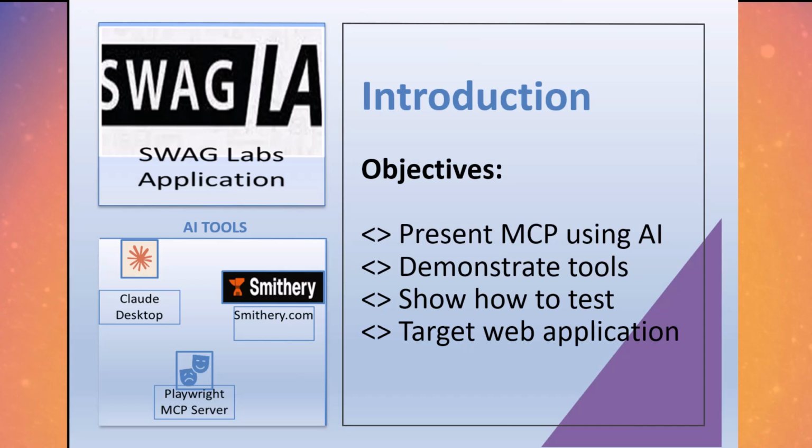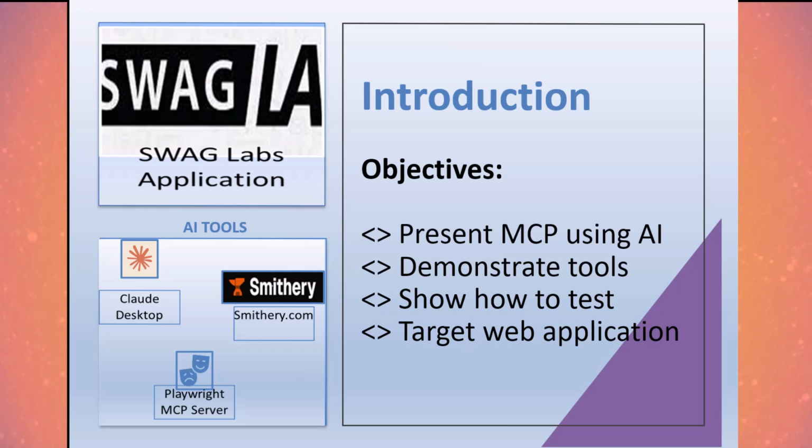Go ahead. The target application is an existing application called Swag Labs. The aim here is to introduce the MCP concept that enables AI tools to generate test scripts that can automatically verify and validate a target web application.